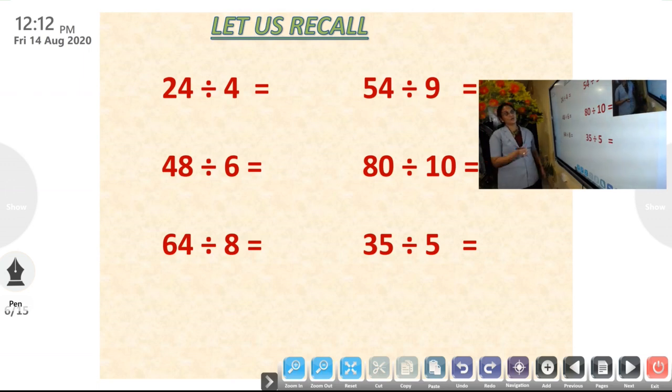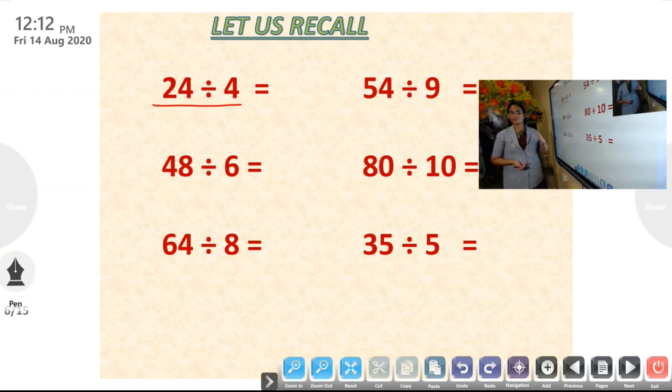Okay. Look, question number 1. 24 divided by 4. 24 comes in the multiplication table of 4, isn't it? How many 4s are 24?